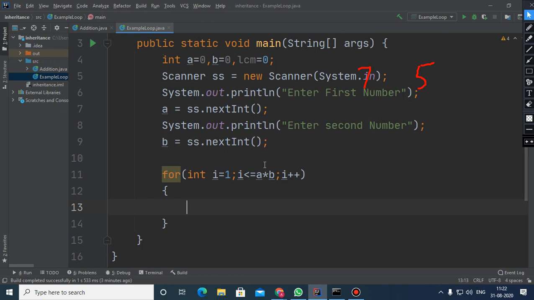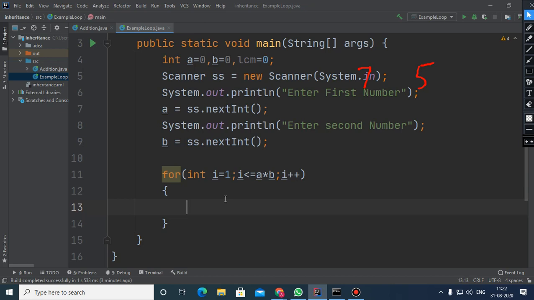Now what we are going to do is find out the LCM. By definition, if you see 7 and 5, 35 is the smallest number which is divisible by both. So it simply means if you get any value of I which is divisible by both A and B, that value of I will be considered as LCM.